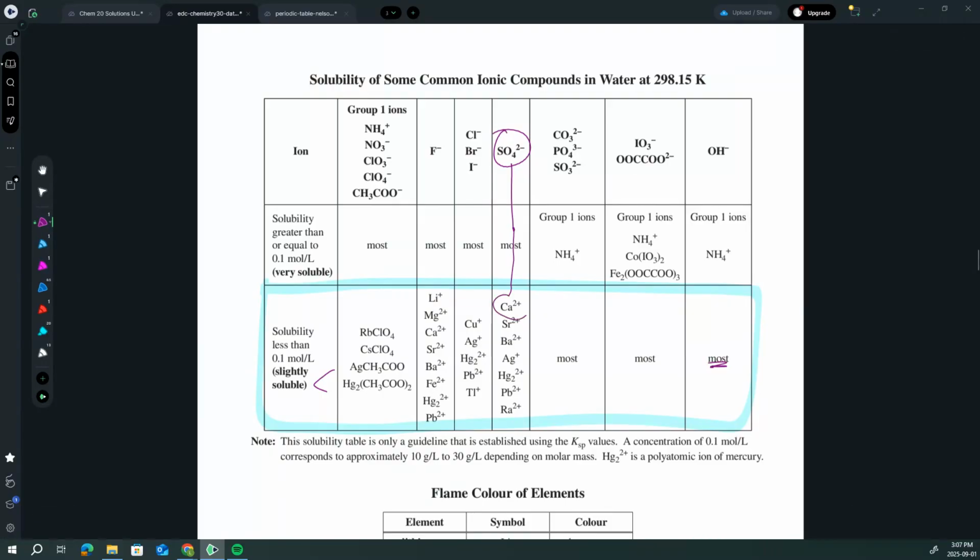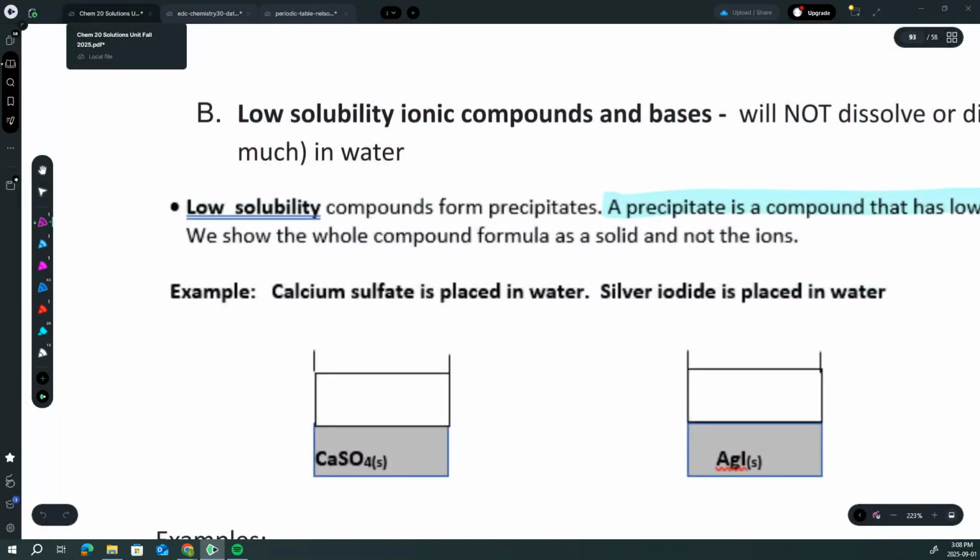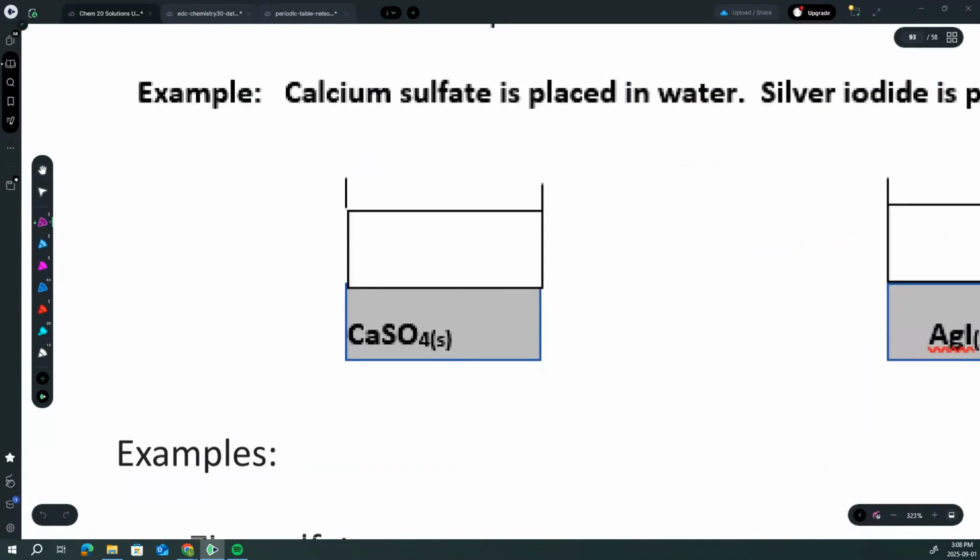However, if I keep on going down, boom, we've got calcium here as one of our exceptions, which is slightly soluble. So we're going to call it insoluble, and that's why we're not dissociating calcium sulfate, and we're leaving the state as solid.